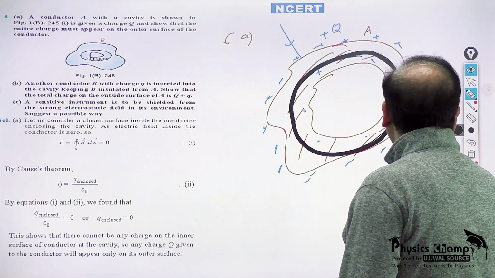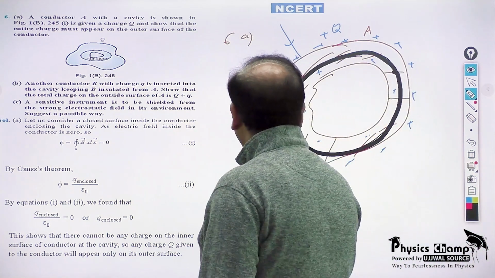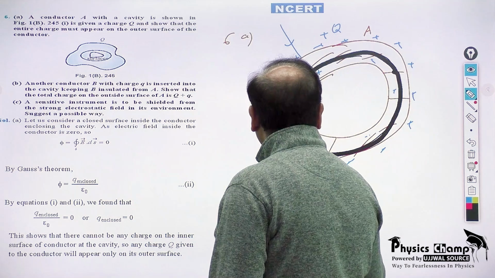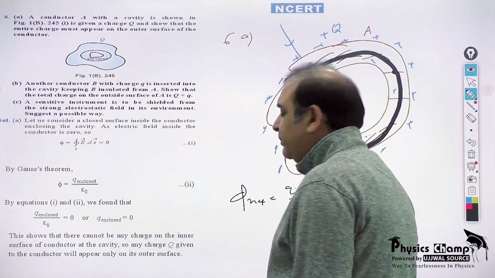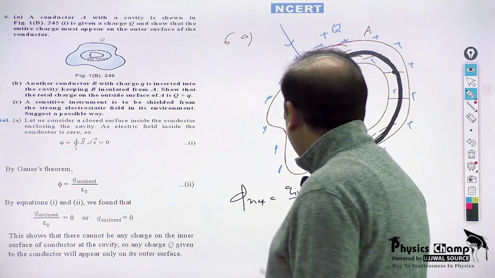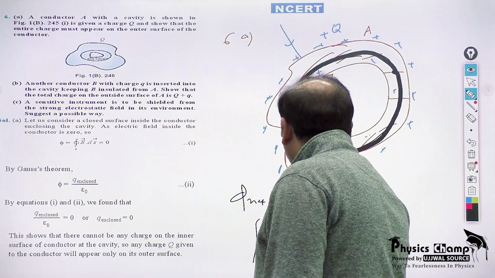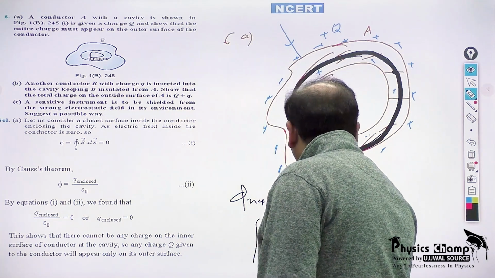For that Gaussian surface, can we say net flux is equal to charge inside by epsilon naught? And net flux is what? Surface integral of electric field is equal to charge inside by epsilon naught.